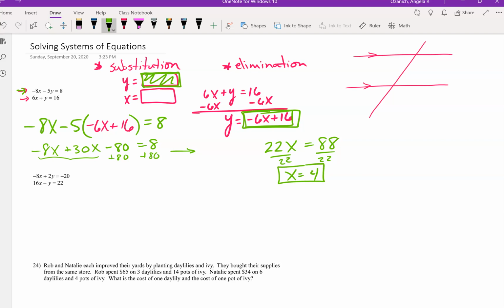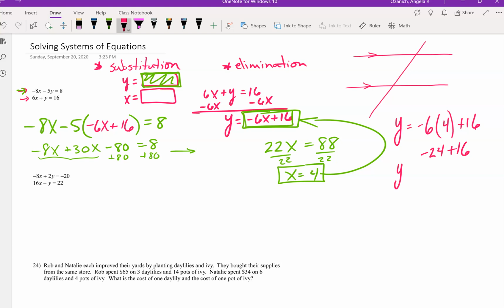And that's awesome. But don't forget, you have to plug it back in, right? So don't forget that process of plugging things back in. So in order to solve for y, it's going to be a negative 6 times my x value of 4 plus 16. So what does that turn out to be, guys? Negative 24 plus 16.